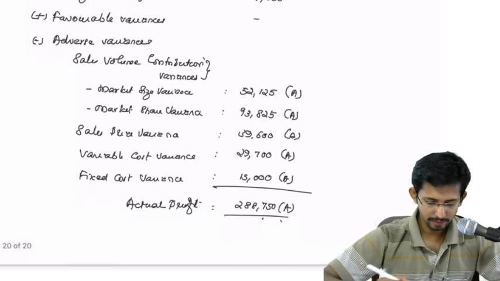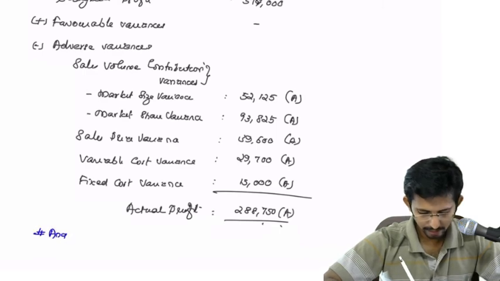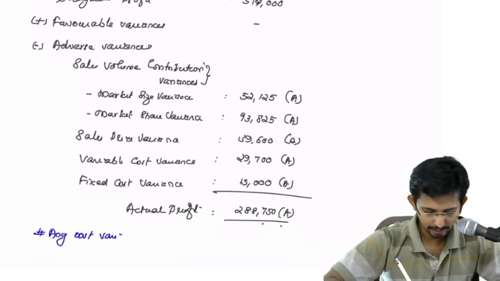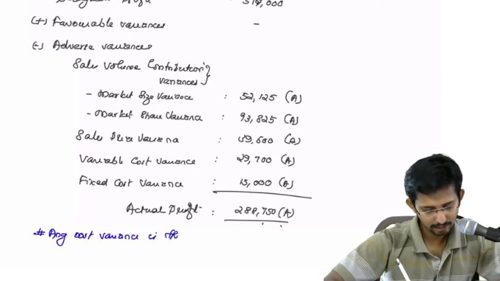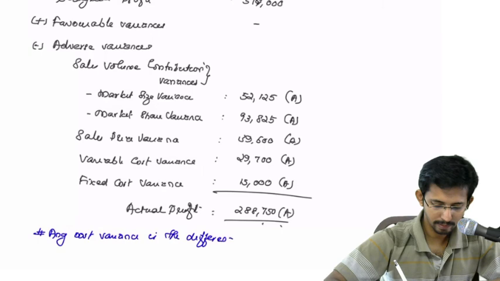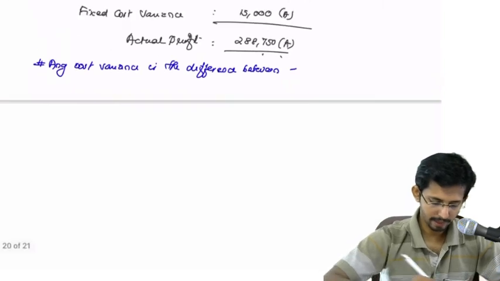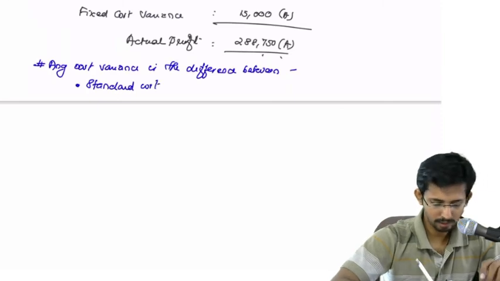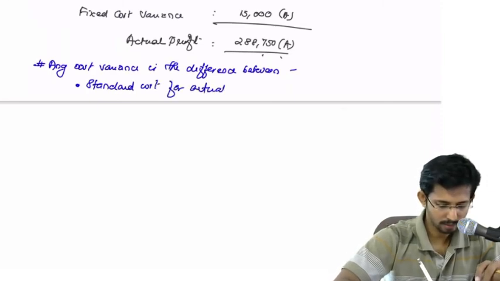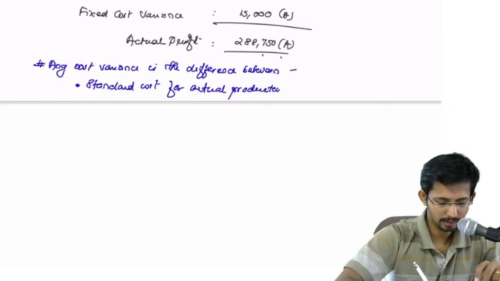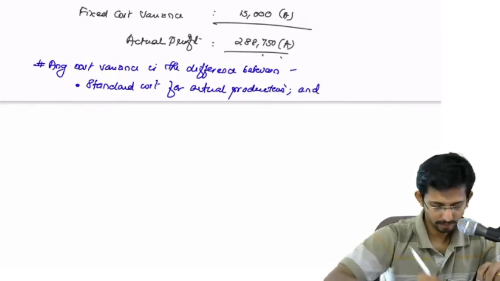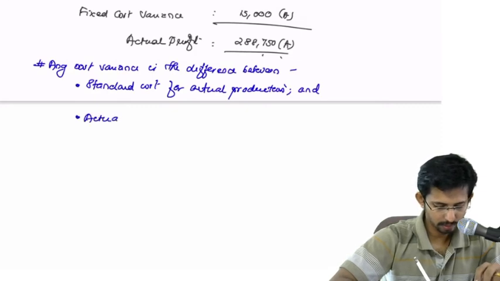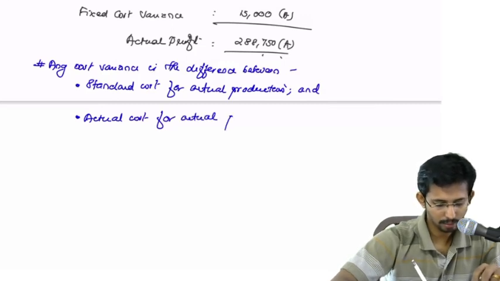Now you can write a note. Any cost variance is the difference between one, standard cost for actual production, and two, actual cost for actual production.